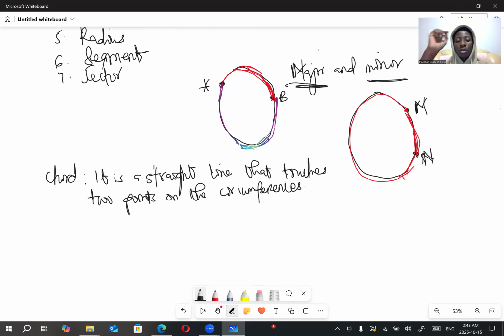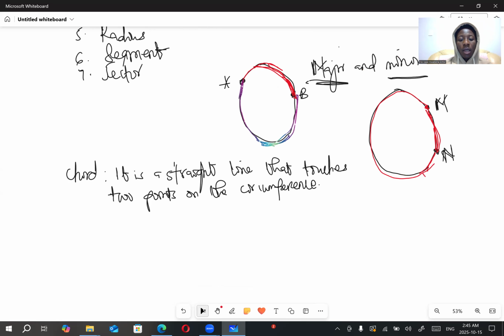It is a straight line that touches 2 points on the circumference. So let me know when you are ready. Okay.